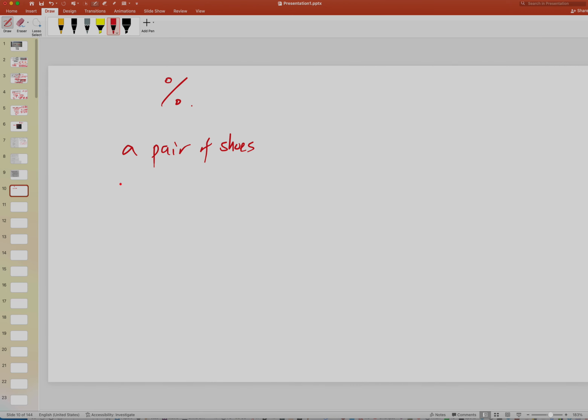Then let's say a pair of shoes is $120. So your $120 is the 100%, right? And then sometimes they will have a discount, right? So discount.